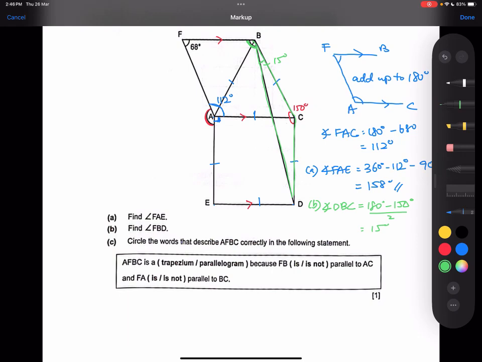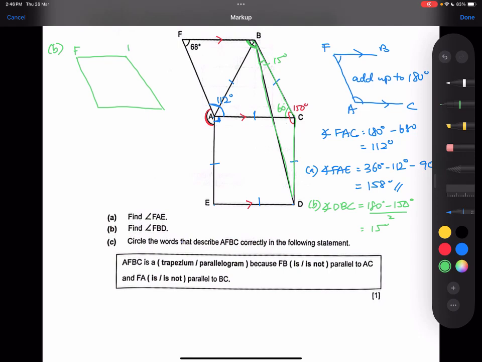Let's carry on part B over here. Now we know that this is 15. We know that this is 60. We know that the FAC is 112. Alright, so I'm going to redraw this diagram here so that it's easier for you to see.